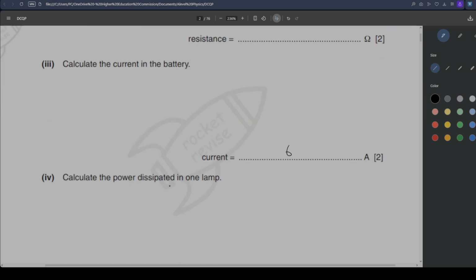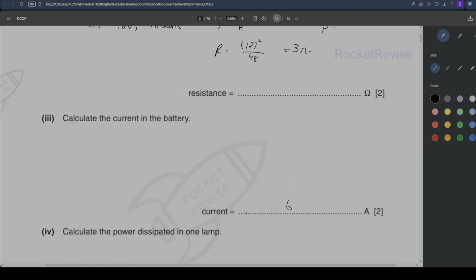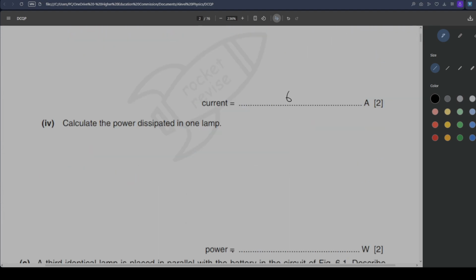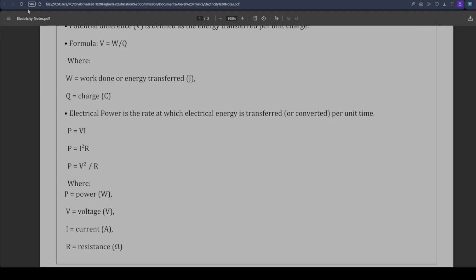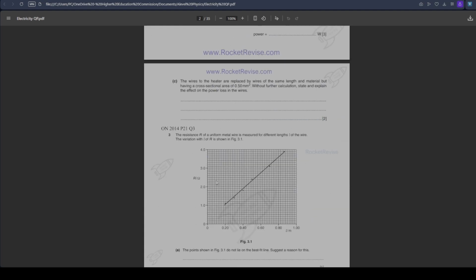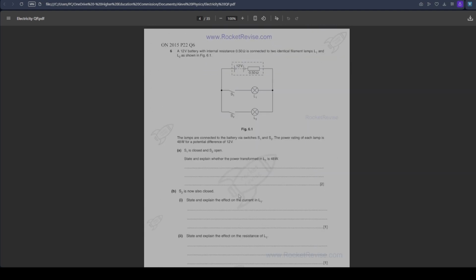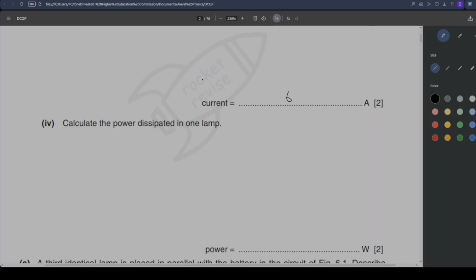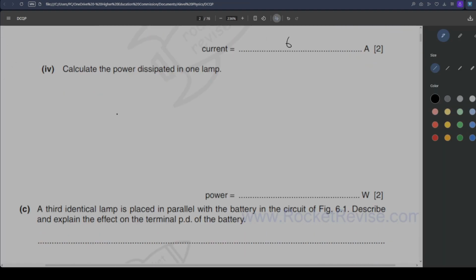Calculate the power dissipated in 1 lamp. Okay, so for the power dissipation, we're gonna look at these formulas, and you can see that we have this formula I square R. We have the total current.